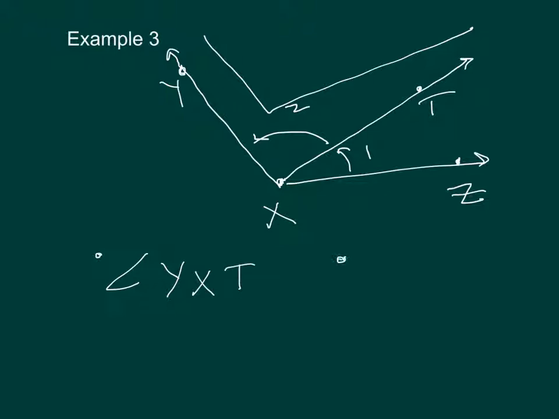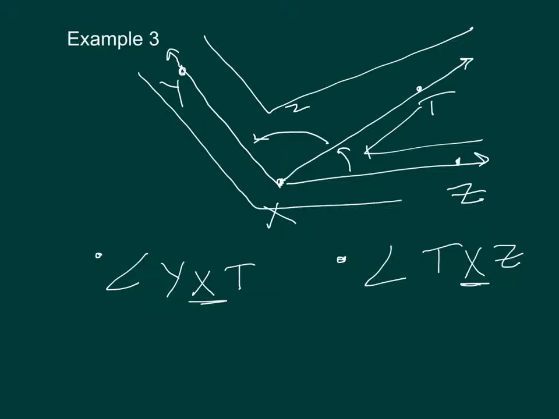Look at angle 1 right here, and we could label that as TXZ. You always want the vertex as your pivotal point in each one of these. And then finally, you may not have been able to see this, but there's a larger angle here, which you'll learn later. It's obtuse, and we could label that as angle YXZ.